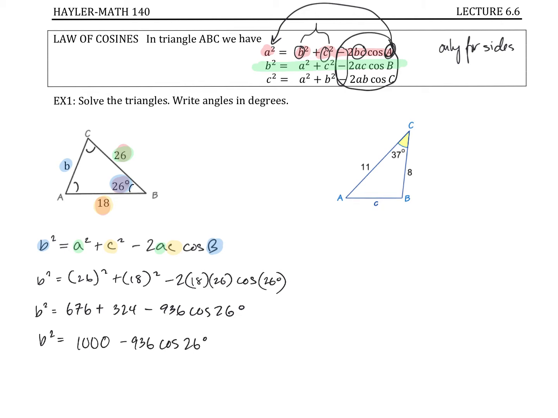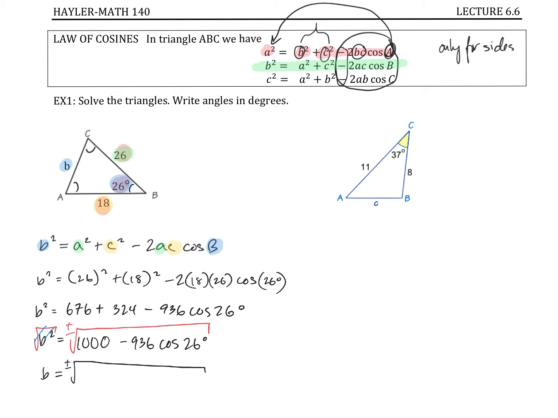And then at this point, let's just go ahead and square root both sides, but we know we're only going to keep the positive, because once again, we're looking at the length of the side of a triangle, so it wouldn't make sense to have a negative. Okay, so those cancel out, and we are left with B equals the square root of the expression, plus or minus. Now, this is something that you're going to want to do in your calculator.